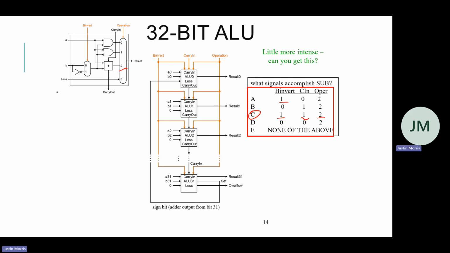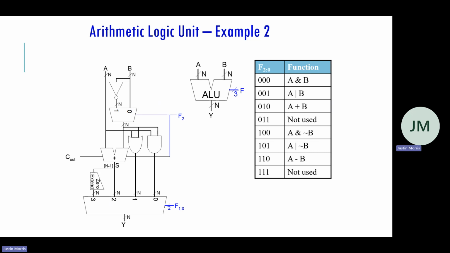So if you're given a new ALU with different controls, different operations, you can, again, look at the function code to figure out what the operation is. So if our function code here is all zeros, we should get bitwise AND out of this.